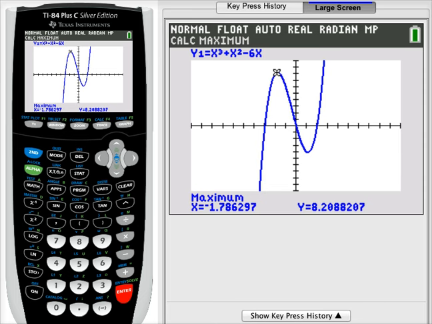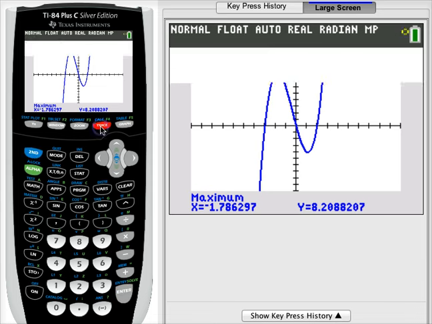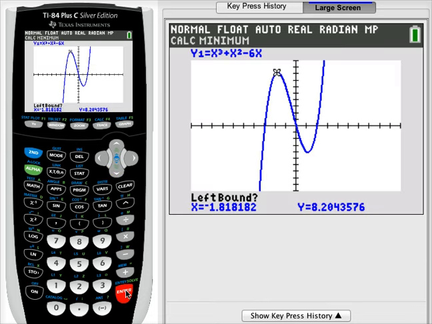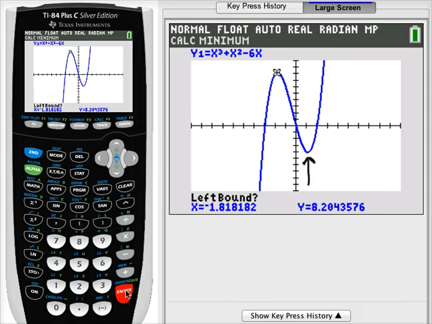The next thing I want to do is go back and calculate the minimum because I also have a minimum here. So I go back into the calculate menu, and this time I want my minimum value. Okay, and now again the minimum value is down there. So I need to scroll over, and it's asking me for the left bound.